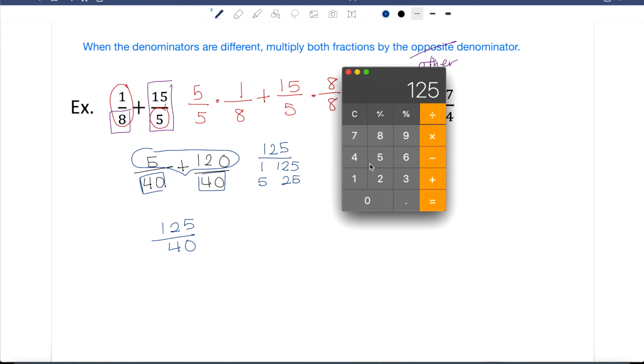So just be patient, bear with me. All right, we're at 14, and that still doesn't work. Oh my goodness. Bad number. I picked a bad number. It's okay.